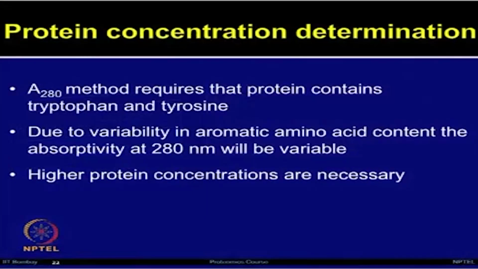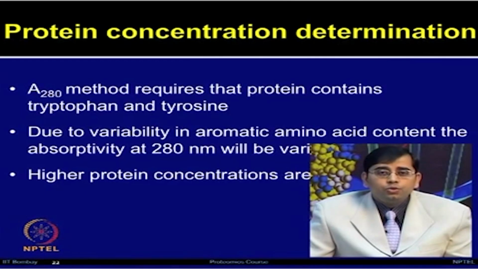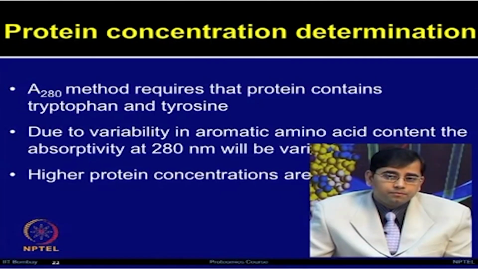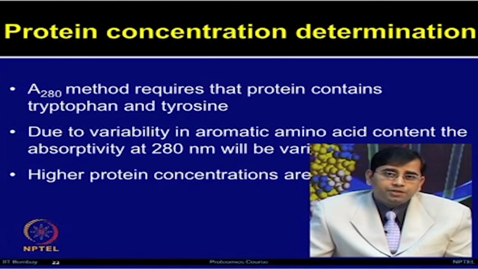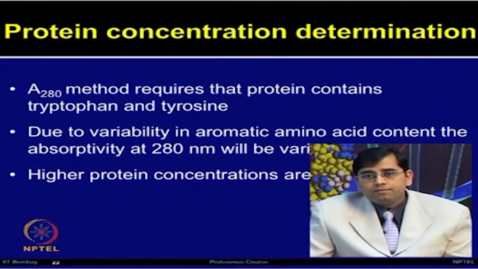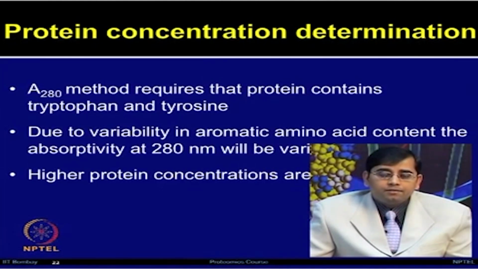Since the protein samples will have variability in overall amino acid content, the absorptivity at 280 nanometers will be a variable factor for this type of method. Also, if you need very high protein concentration for your proteomic applications, then this method is again a limiting factor.